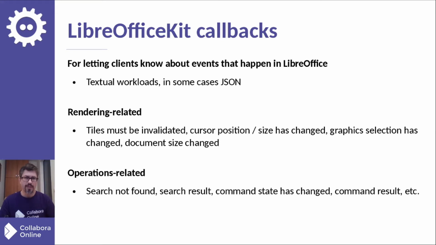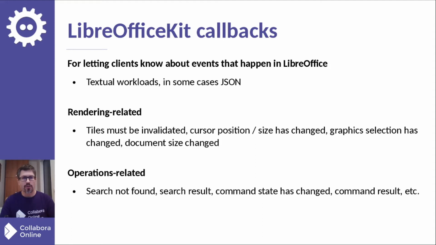And then of course there are some operations related callbacks that let you know when there is a search not found, or on the other hand a search result, and the rectangles of the search, so that you can highlight it.